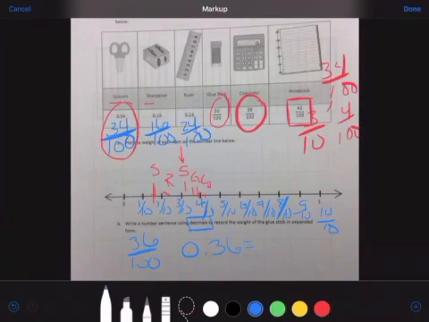And then they want it in expanded form. So expanded form means that I take my 36 hundredths and I break it down into the 3/10ths and into the 6 hundredths. So we would write 0.3 plus 0.06, and that will give us our 3/10ths and our hundredths to add them together.